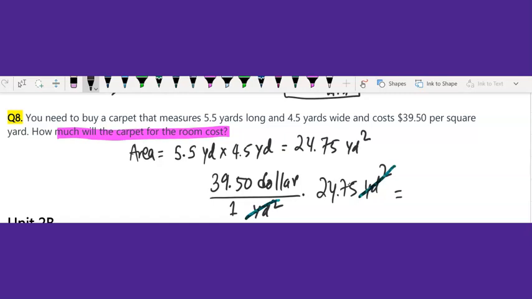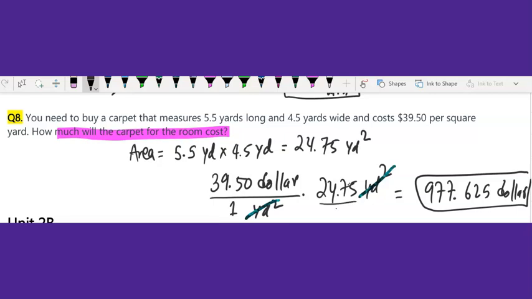That gives you $977.625. You can think over 1 if you like. Again, 1 times 1 is 1. Dividing by 1 is the same thing. You notice that square yard cancels, and your answer must be in dollars.